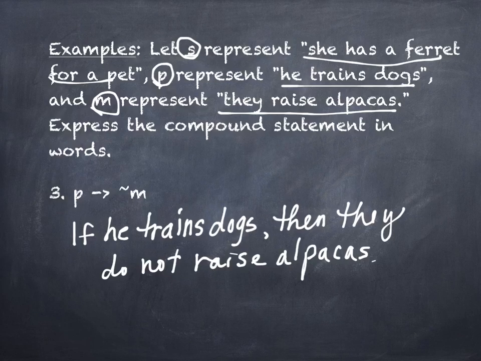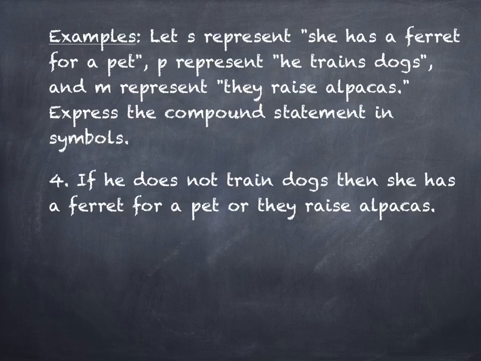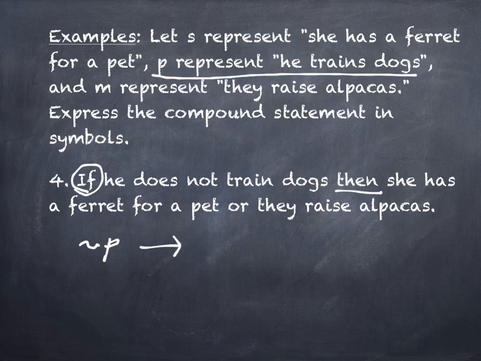Okay, you ready to try another one? We're going to go the other direction. So what we've got now here is we've got a statement written out, and we're going to turn it back into the symbols. So we see the word if, and we see the word then, which means we know we have an arrow. What comes before my arrow? Is it P? Tilde P, because that's the trains dogs part, right?